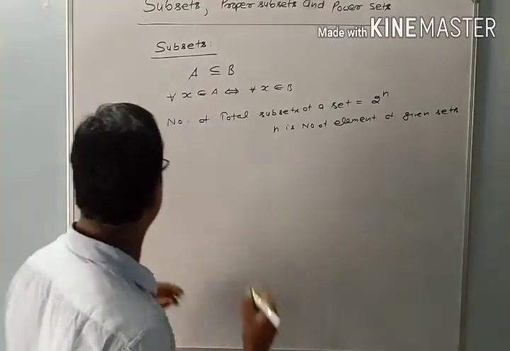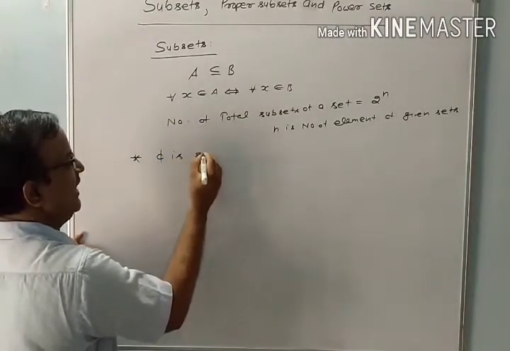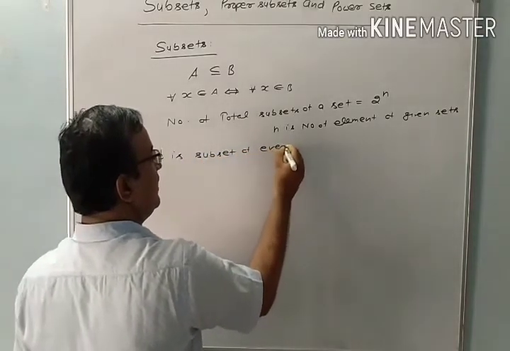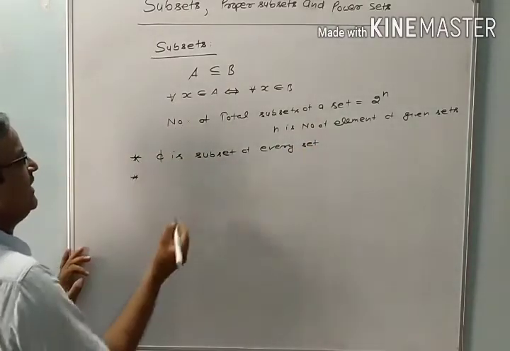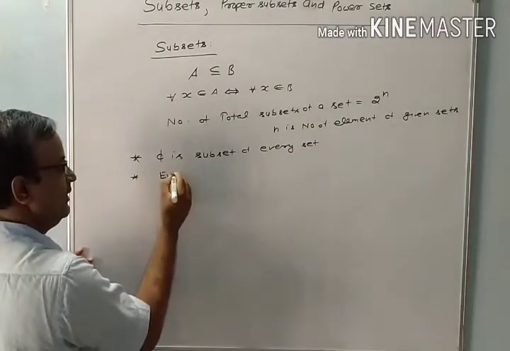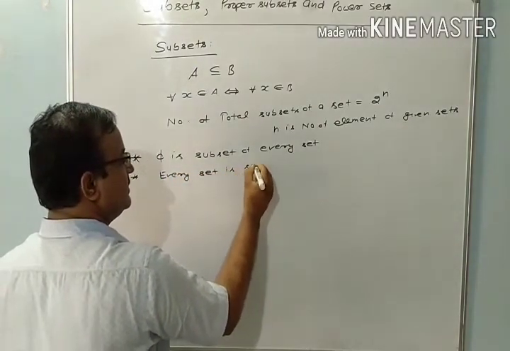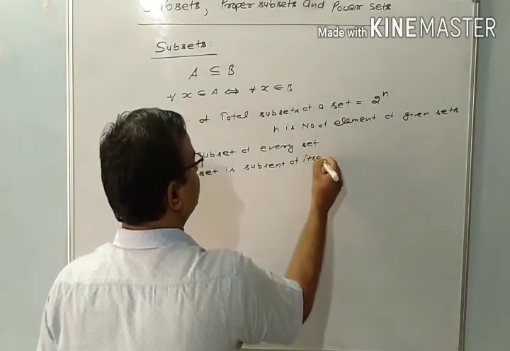Phi, that means a set which has no element, is a subset of every set. And every set is a subset of itself.